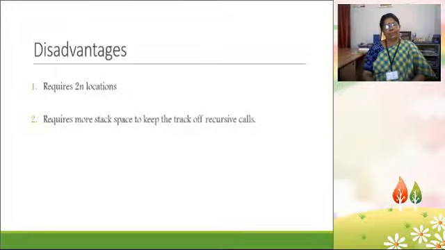The disadvantages of merge sort are that it requires 2n locations. Why? Because we are using an auxiliary or temporary array B during the merging process. Also, it requires more stack space to keep track of all recursive calls.